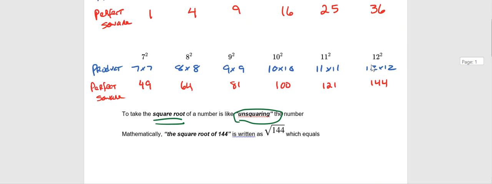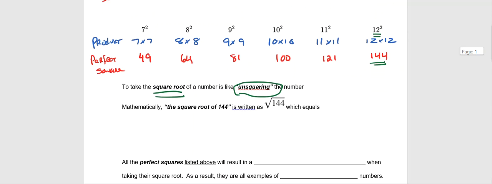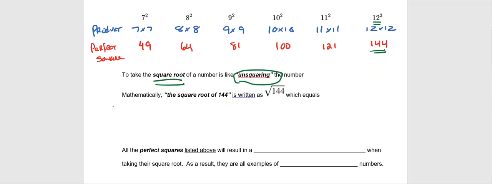If I already know the perfect square, a number is a perfect square of 144, then when I take the square root of it, I know that the result is 12. And essentially, taking the square root is asking you to find a number that multiplies it by itself to give you the resulting perfect square.